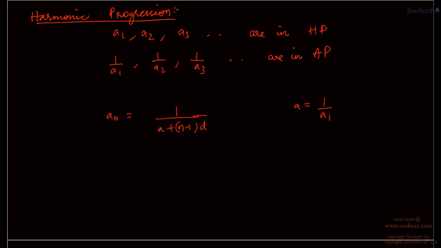So a is nothing but 1 by a1, and d is nothing but 1 by a2 minus 1 by a1. So an can be written as 1 by the whole thing, 1 by a plus n minus 1 into d.